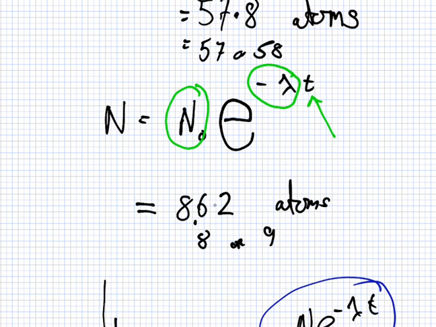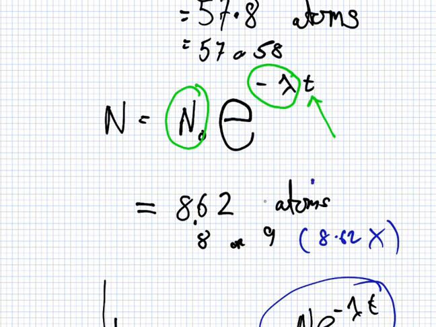In fact, in the exam, I feel like they would like you to keep it as 8.62, unless they tell you to round it off. But if you said 9 atoms in your answer because you can't have 8.62, I probably will still give you the mark.